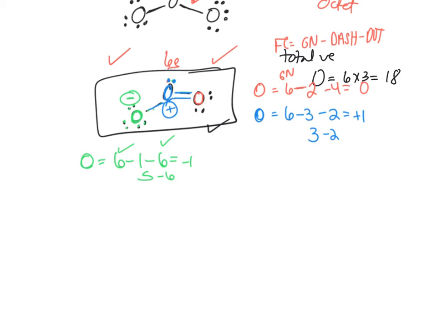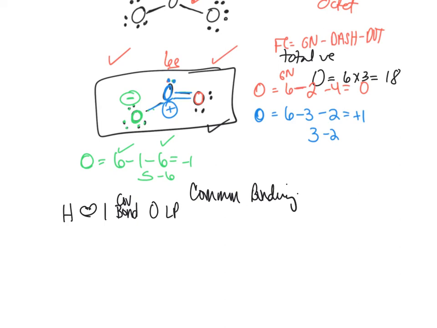So I'm going to tell you the common bonding patterns of the elements that you see in organic chemistry. Hydrogen loves one covalent bond and 0 lone pairs. Then we can go on to boron. Boron loves 3 covalent bonds and 0 lone pairs.